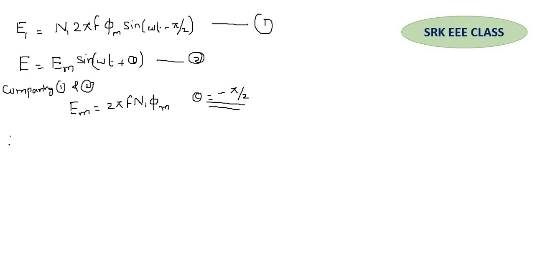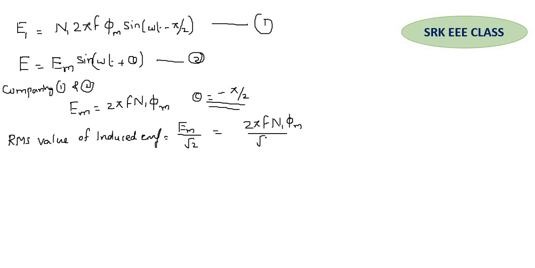If we are talking about the RMS value of induced EMF, we know it is the maximum value divided by root 2, that is Em by root 2. So this can be written as 2 pi f n1 phi m divided by root 2.